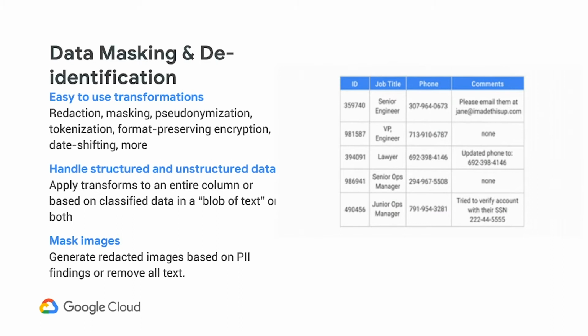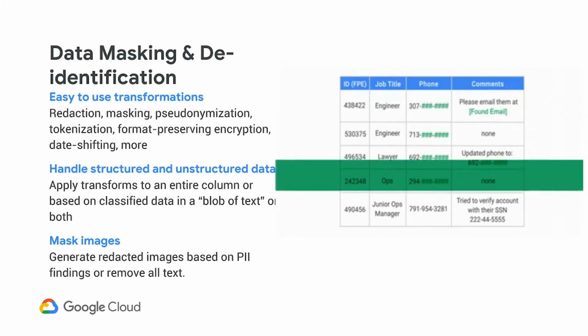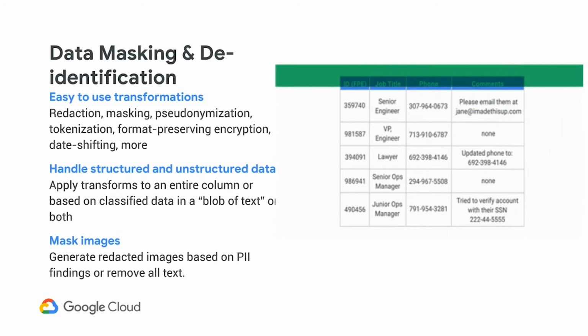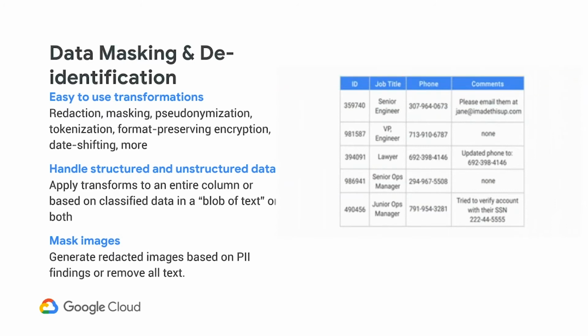And in that last column, the comment field, we're showing something very powerful. We're combining our inspection and our masking together to go into the text here. If you notice in the comment field, we're looking for sensitive data and only masking that part of the comment field that has the sensitive data. And that's something that we'll show an example of in an API scenario too.